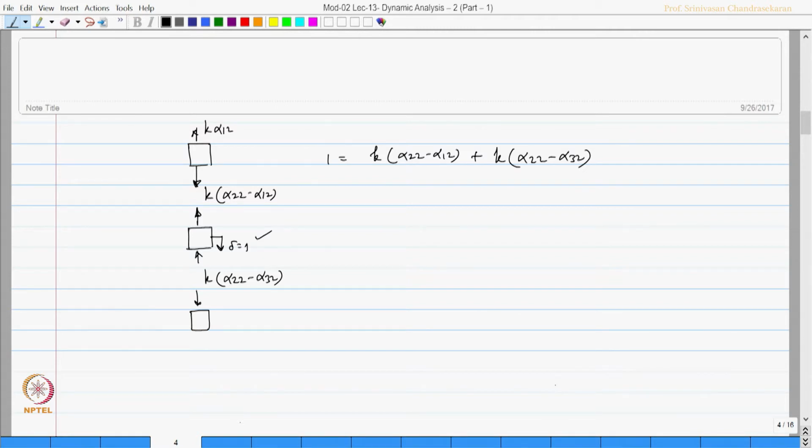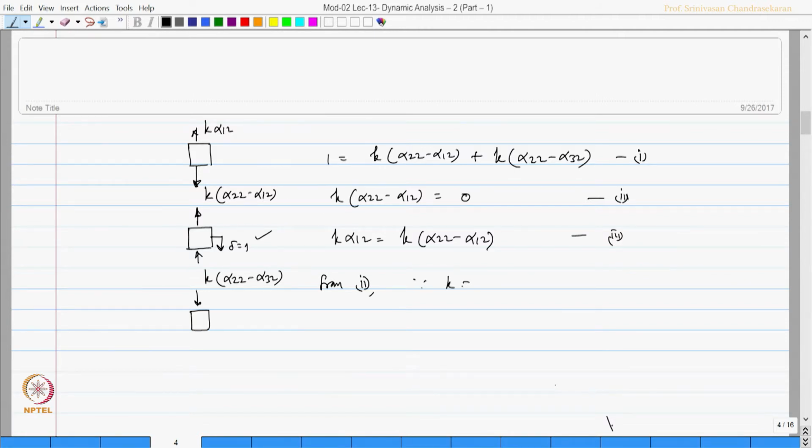Then the second equation says k times of alpha 2 2 minus 1 2 is 0. Then we say k times of alpha 1 2 is k times of alpha 2 2 minus alpha 1 2. Call these equation numbers 1, 2 and 3.